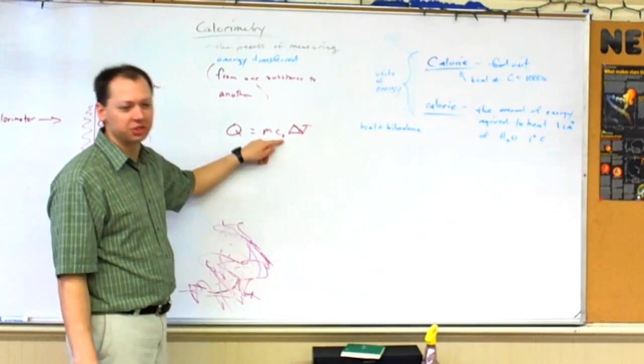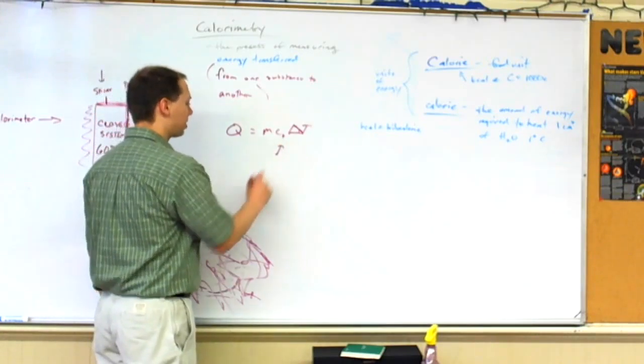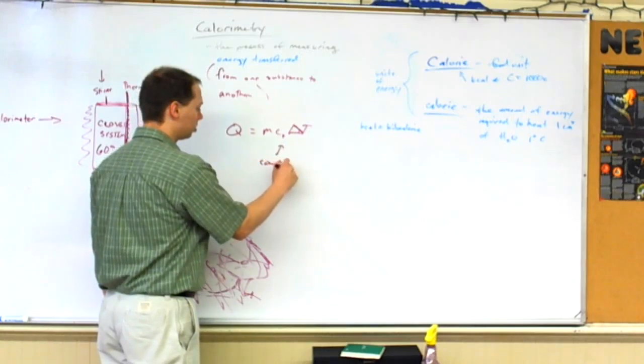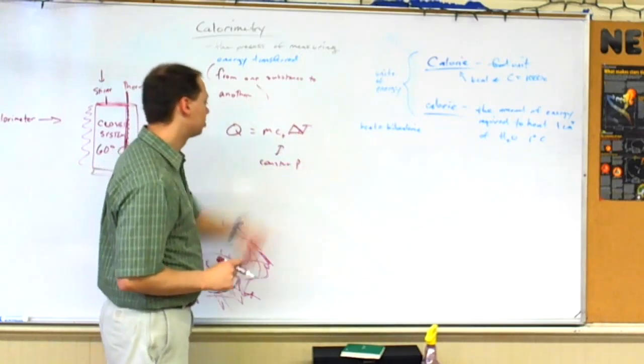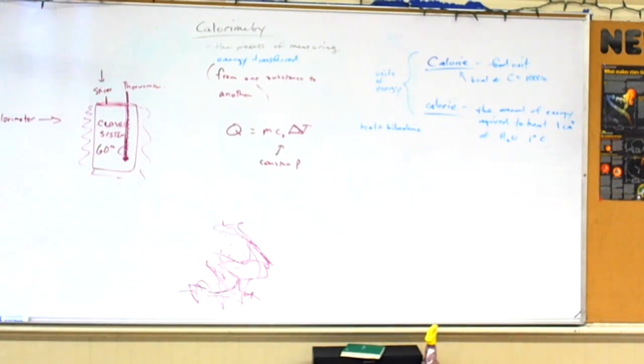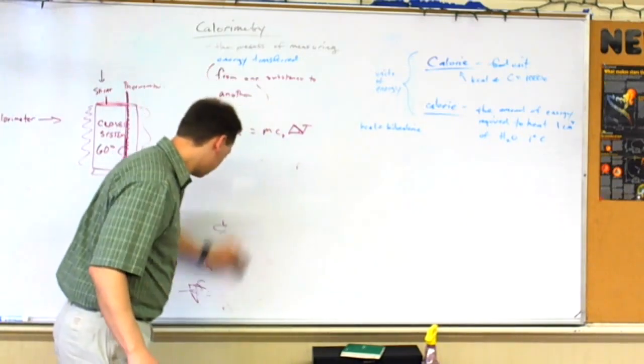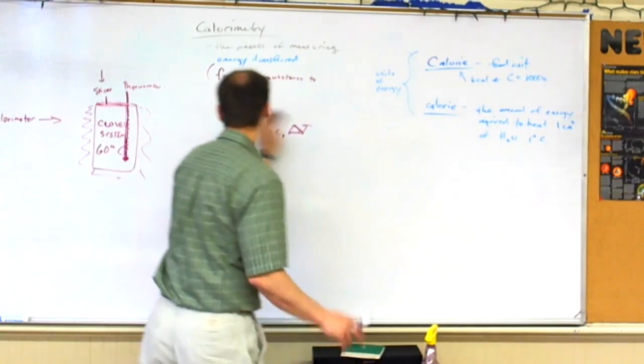Not capacity. What does the p stand for? Pressure. Yeah, constant pressure. And then change in T would be, yeah, change in temperature. All right, and this is where one substance is going to lose and one substance is going to gain.